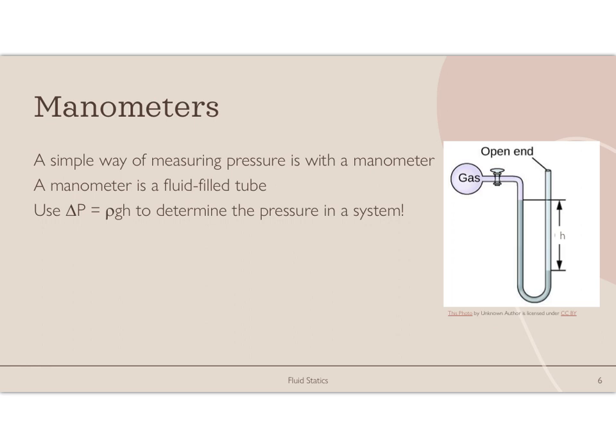And so we can use delta P equals rho g h to determine the pressure in a system. Now, when you change fluids, it's going to change because, remember, it's rho g h. And so, therefore, that height change is going to be different because on this side you have one density and on this side you have a second density.